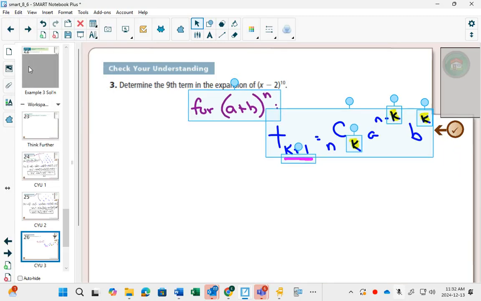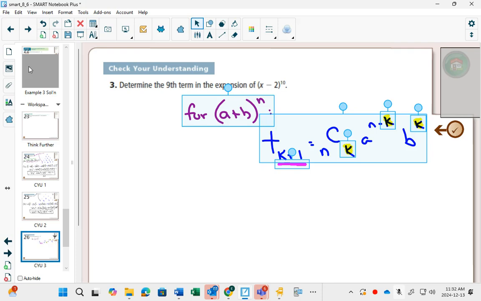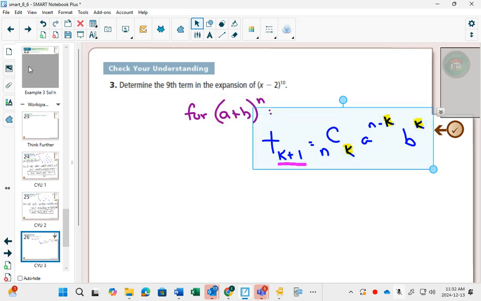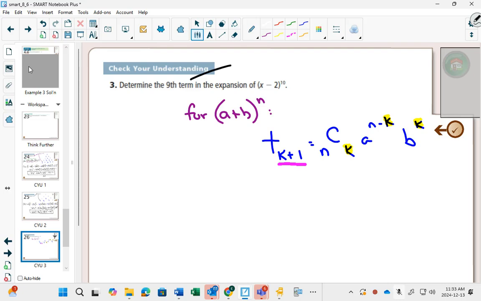Paste it again. We want to find the 9th term. So when they're talking about 9th term in notation, just like in arithmetic and geometric sequences that you did in grade 11, do you remember writing t with a little 9 to represent that's term 9?